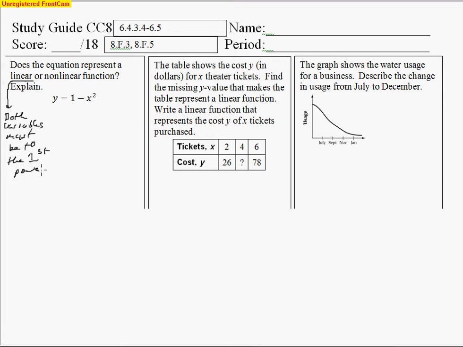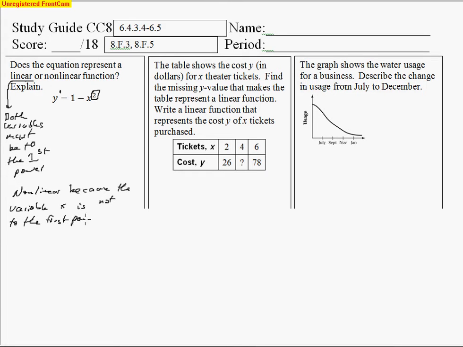So I see that I've got the two variables. Y is to the first power, but x is to the second power. So we'll say it's nonlinear because the variable x is not to the first power.